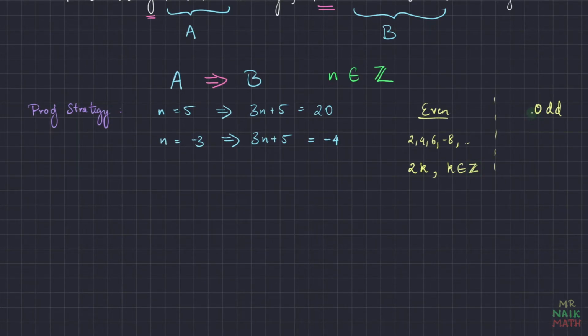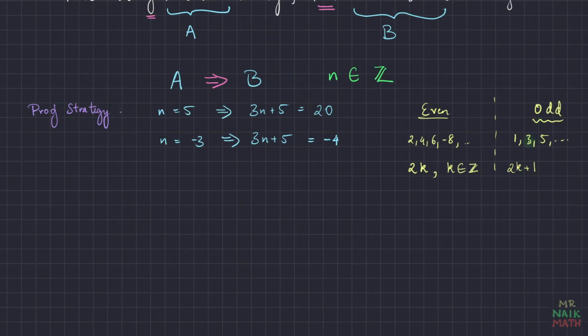Let's do the same thing for odd integers. Odd integers are 1, 3, 5, and so on. Notice that every odd integer is an even integer plus 1 or minus 1, but let's just go with plus 1. So even integers are 2k, and so odd integers will be 2k plus 1.